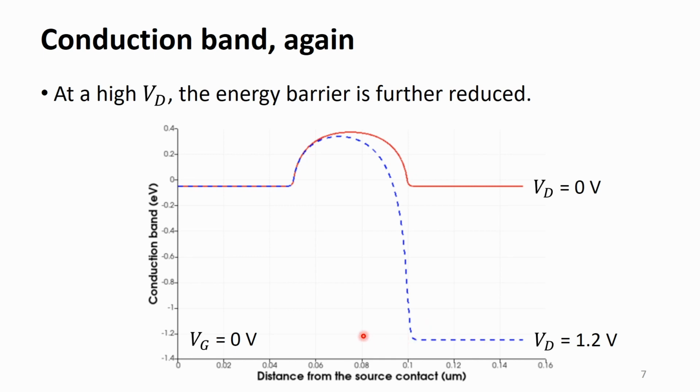Therefore, even at the channel region, the conduction band is moved downward. The energy difference between the source terminal and the peak is now reduced. It means that the drain current is further increased with a high drain voltage.